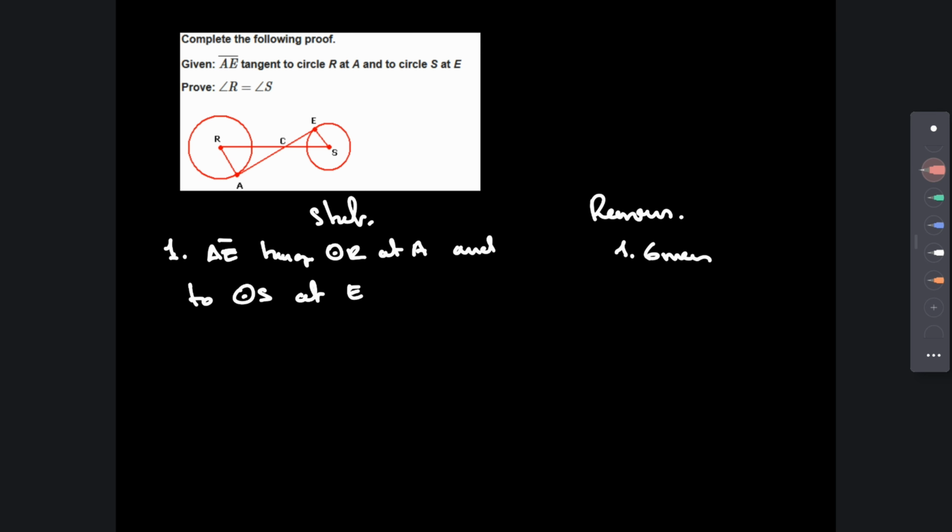Again, if you notice, this is a radius, and AE is a tangent, so we know that this is a right angle because they're perpendicular. The same goes with ES, so this is a 90-degree angle. Also, we know that we have these two vertical angles. They must be equal.